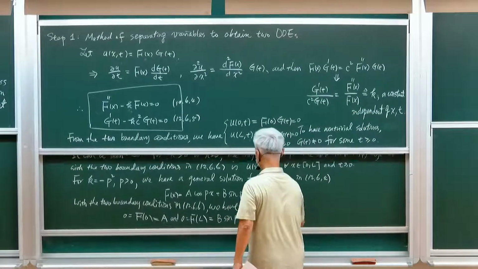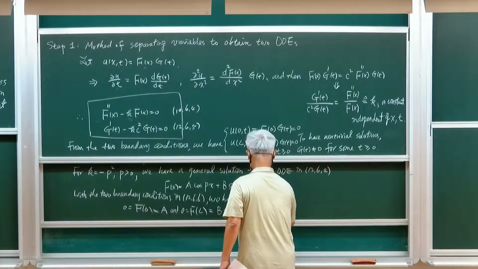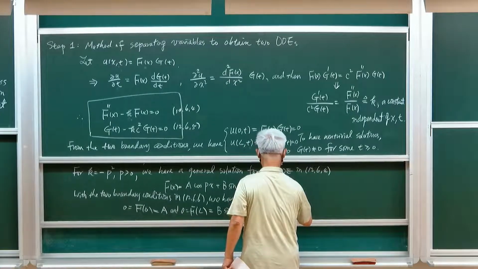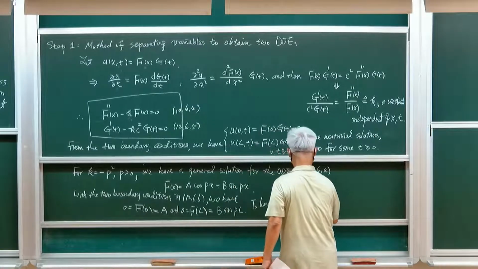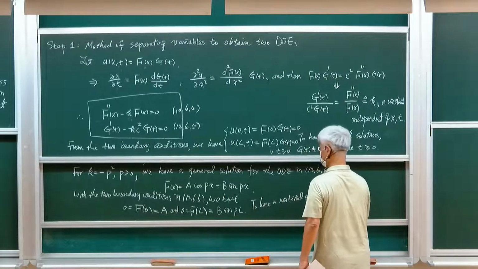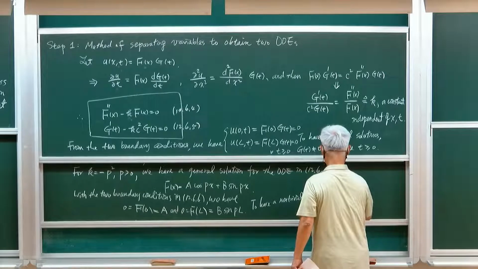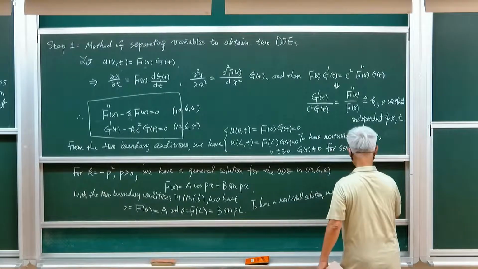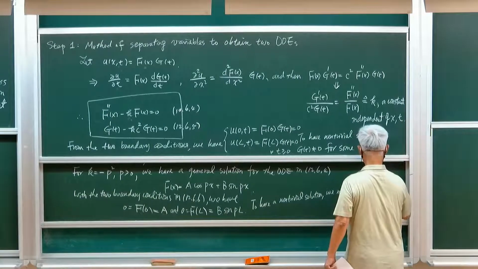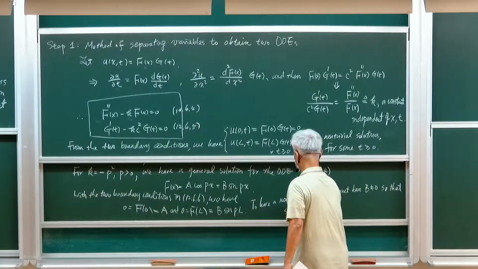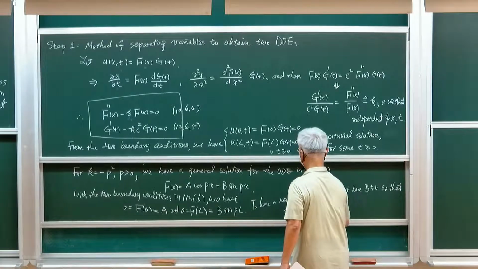So to have a non-trivial solution, we must have B not equal to 0, so that sine pL is 0.